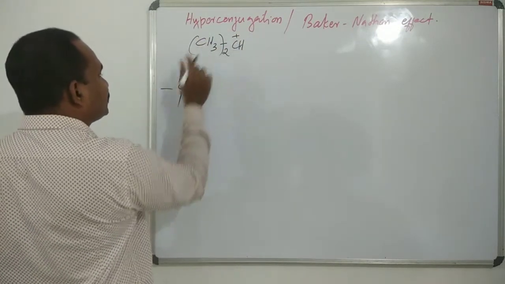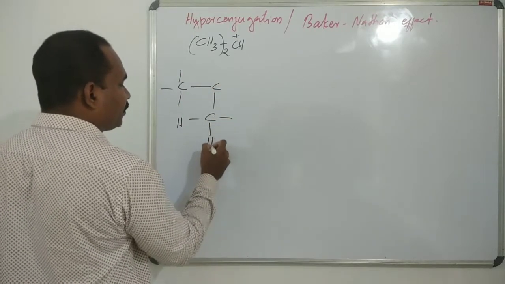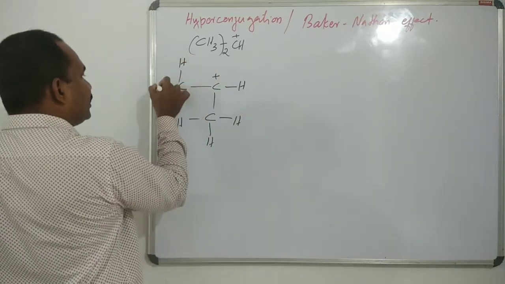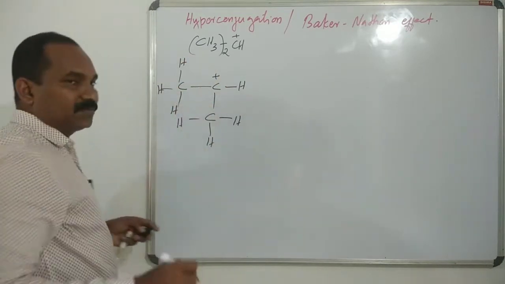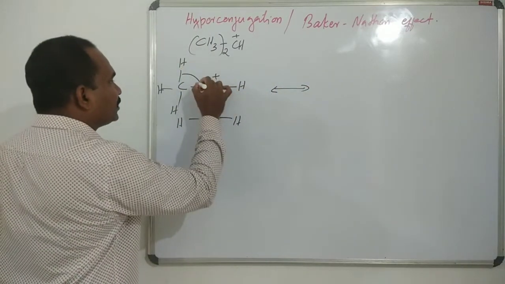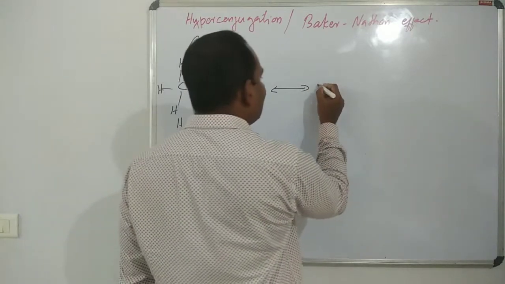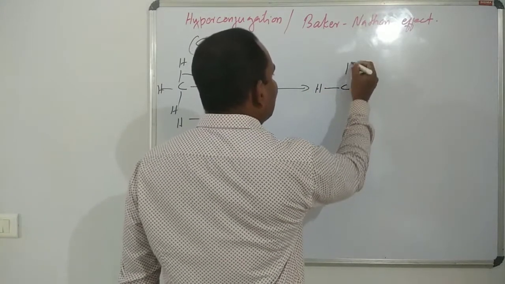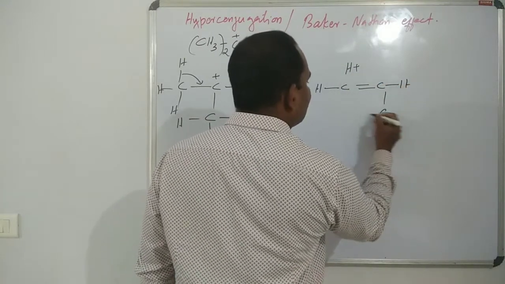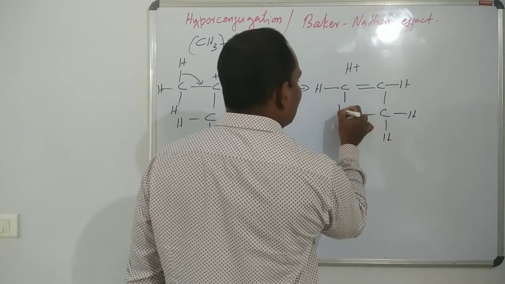The first CH3 and the second CH3, a positive charge, and hydrogens on each. Okay, the possibility: first, this hydrogen is involved in the hyperconjugation. What is the structure? H, C, H plus, double bond C, H, C, H, H, H.